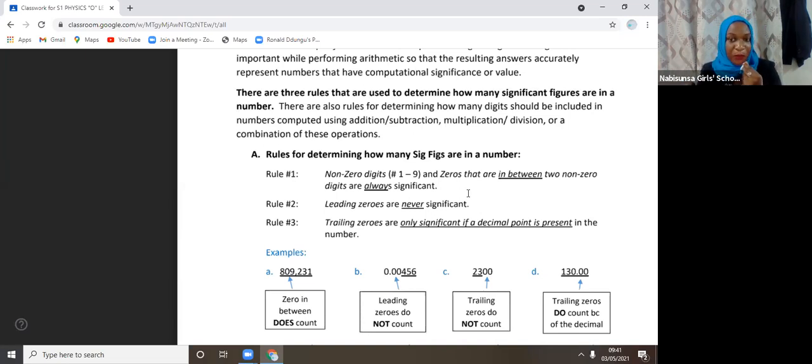So let's look at example C. Example C has 2,300. It has 2 zeros. Those zeros are trailing zeros, but we are not going to count them as significant figures because we can't see any decimal point anywhere. So we cannot consider the zeros in that number to be significant.